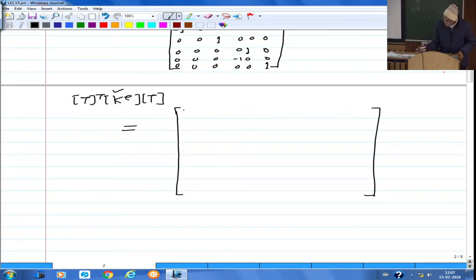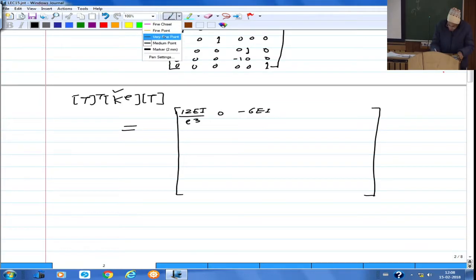So finally what you get is 12 EI by L cube, then 0. Let me write this. So minus 6 EI by L square, minus 12 EI by, is it readable, this final?